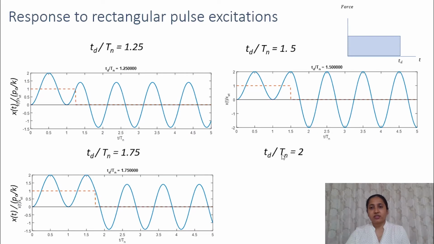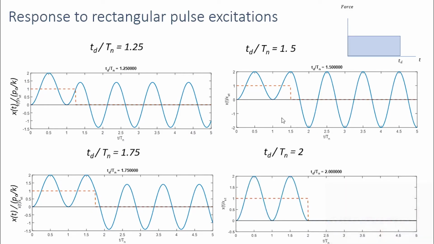This is when Td by Tn is equal to 2. Here, during the forced vibration, the system oscillates, but at the end of the forced vibration, the displacement and the velocity both are equal to 0. Because of that, there won't be any free vibration in this case. This is similar to the case when Td by Tn is equal to 1.